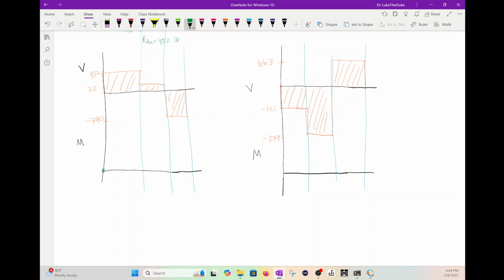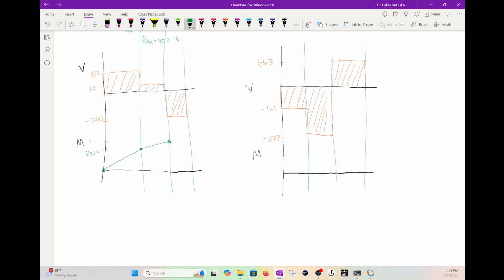So this is going to start here, and it's going to go up right here. So that's 452 times 10, right? So this is 4520. Then it's going to go up. I don't know quite the angle, but I'll do this to right there.